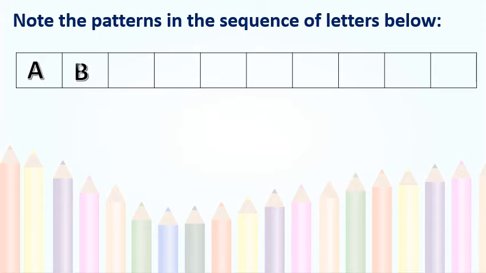Then this is B. Again A, B, again A, again B, A, then again B. Yes, dear students, here in this table, we have made the pattern using the letters A and B.